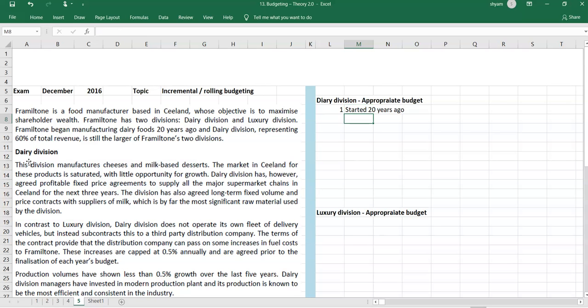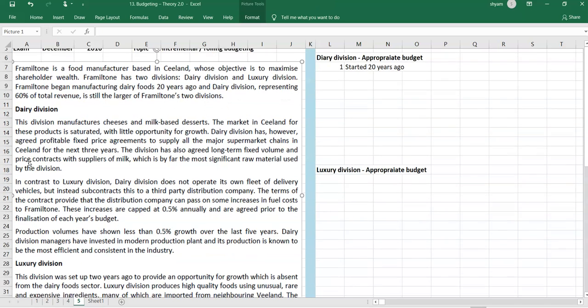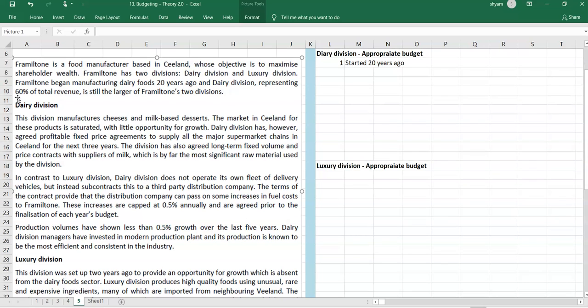Okay, next he tells first about the dairy division. He tells this division manufactures cheese and milk based desserts. The market in Sealand for these products is saturated. Okay, so the maximum level has been reached. So I think it is a mature business.